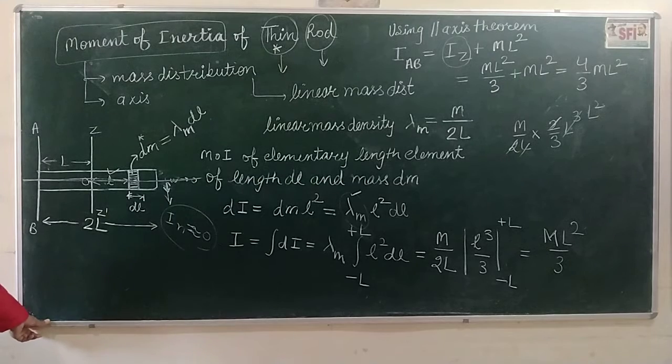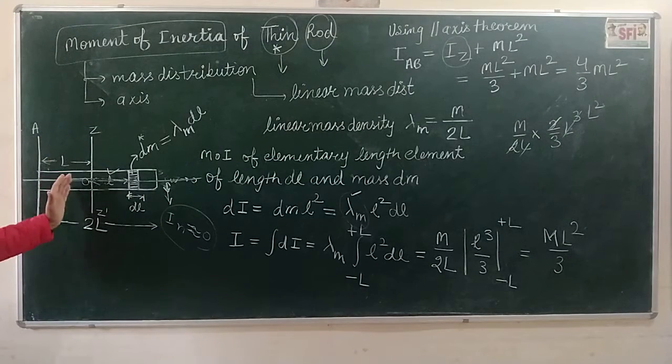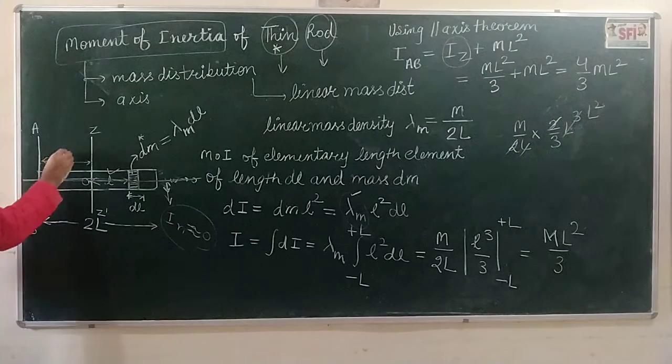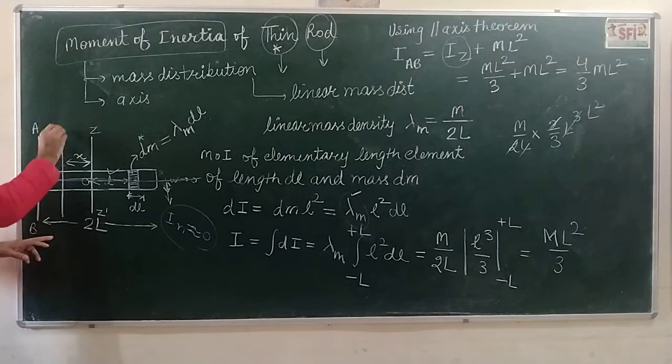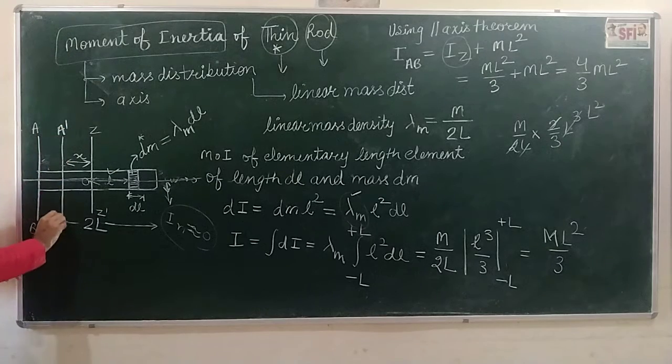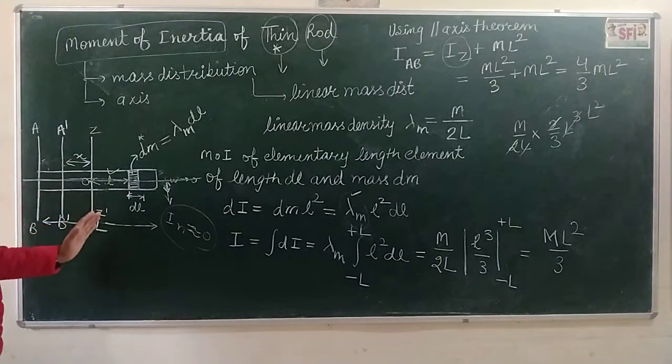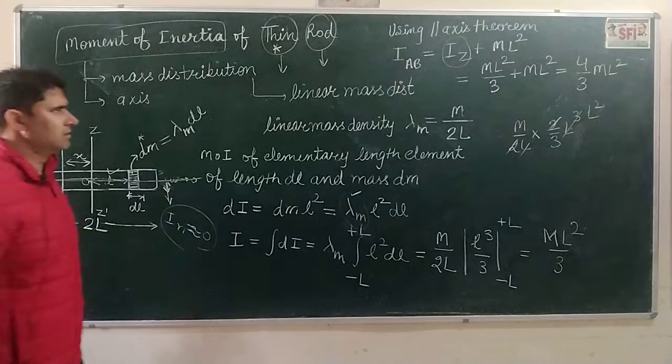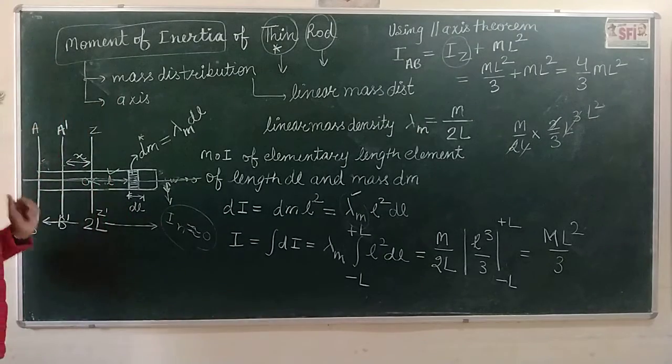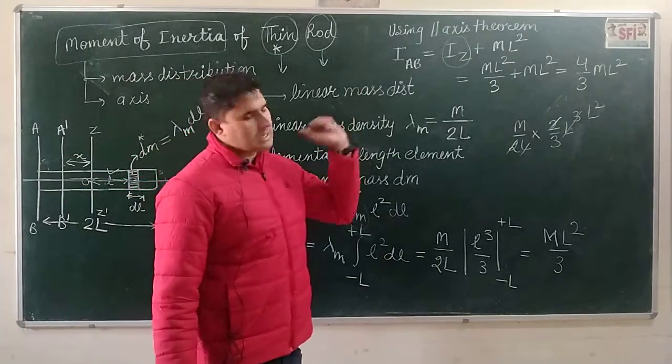Okay class. So these are the cases. In case of a thin rod, you can take the axis anywhere. Let this be at a distance of x from here, and let this axis be a dash b dash. Then also you can find the moment of inertia about axis a dash b dash using the parallel axis theorem.